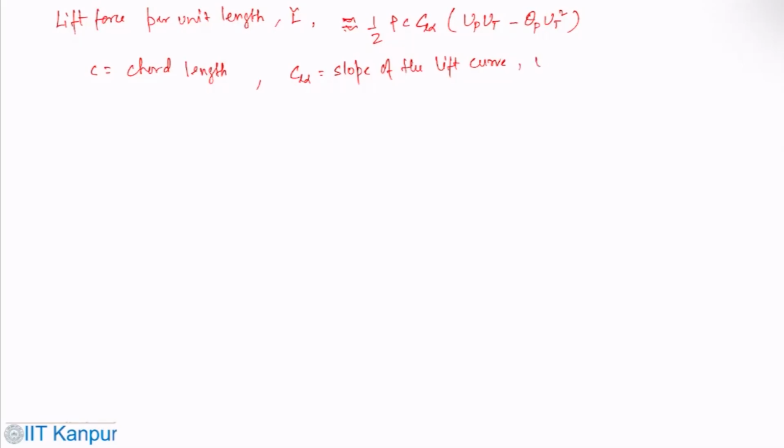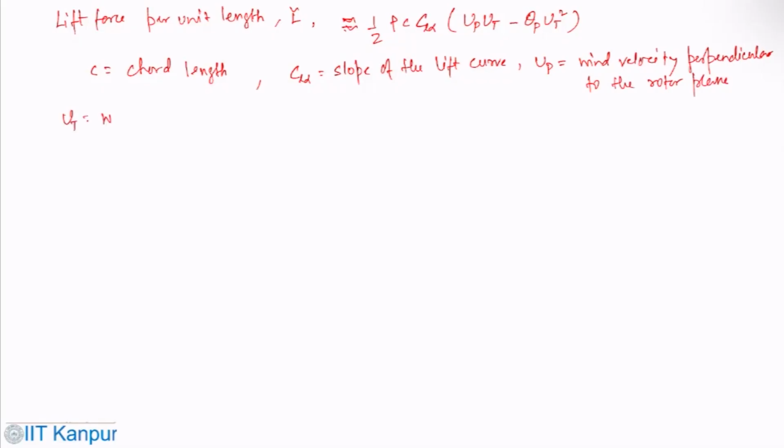So UP is the wind velocity perpendicular to the rotor plane.